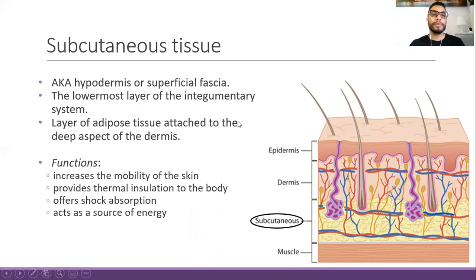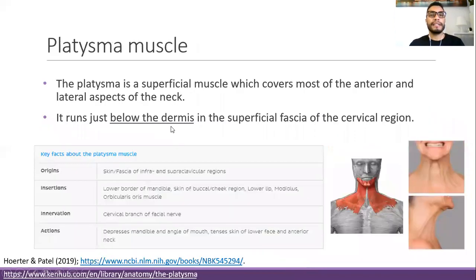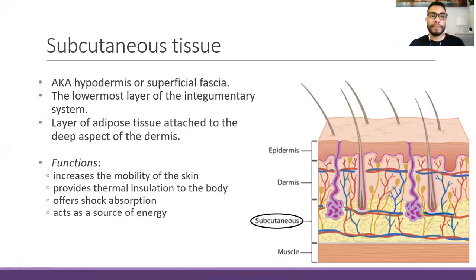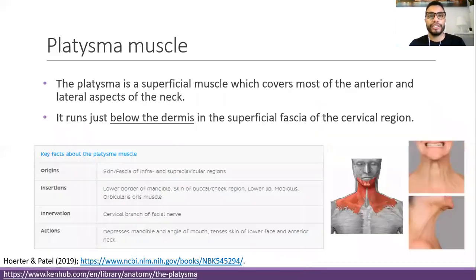We have in the subcutaneous tissue some structures apart from the adipose tissue. We also can have muscles.